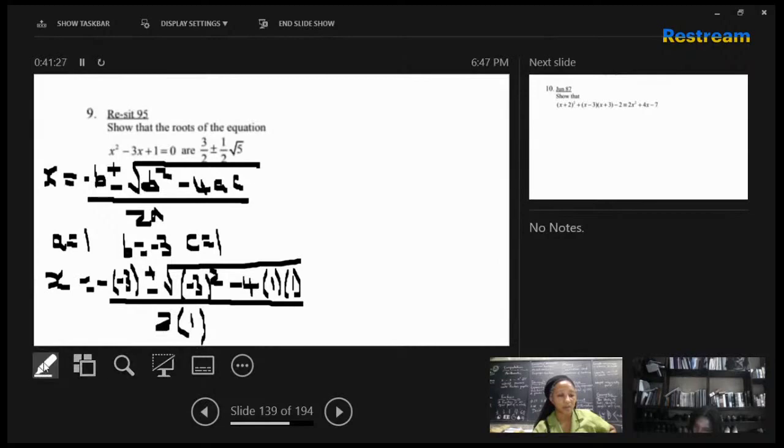So after that, x is equal to 3 plus or minus the square root of 9 minus 4, over 2.